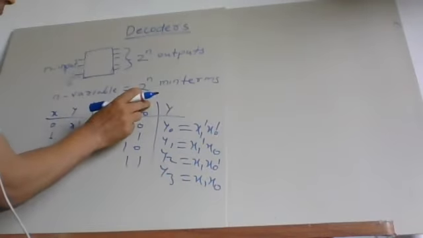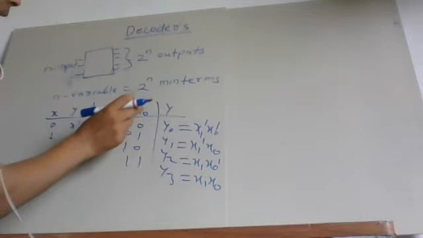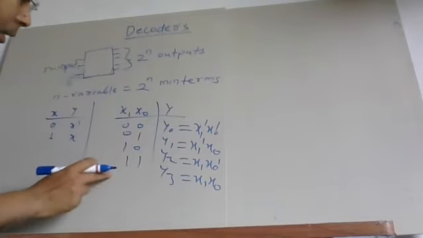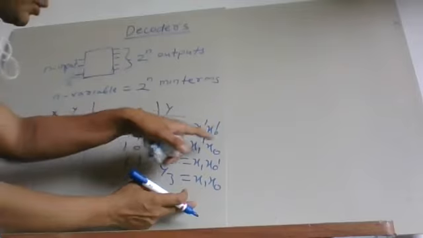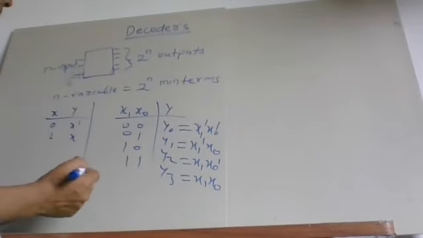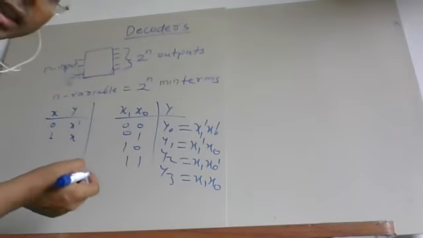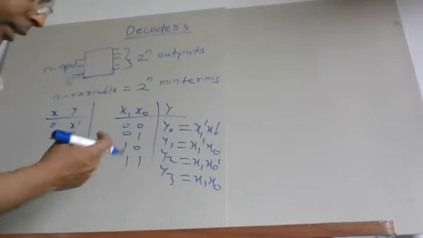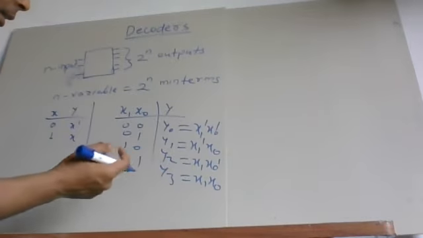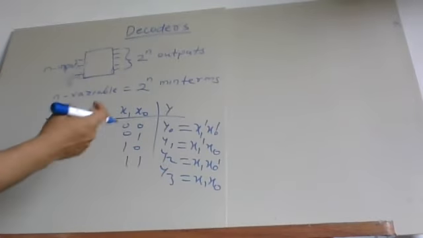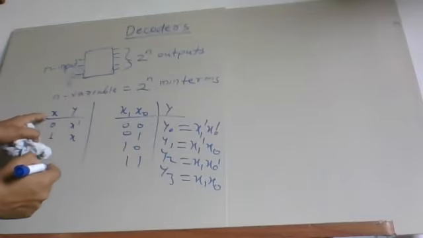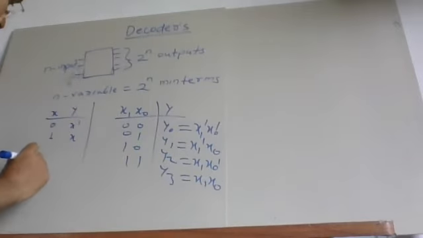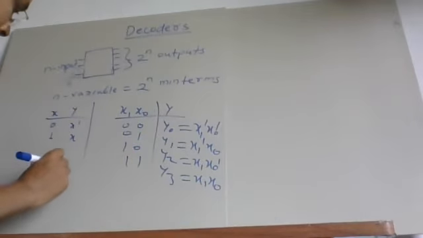So when two inputs are there, it generates four minterms, and these four minterms are the outputs of the decoder. So we can very easily write the circuit diagram for the n to 2 raised to n decoder. So for example, a 1 to 2 decoder.